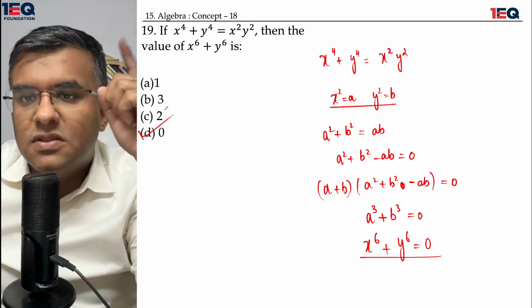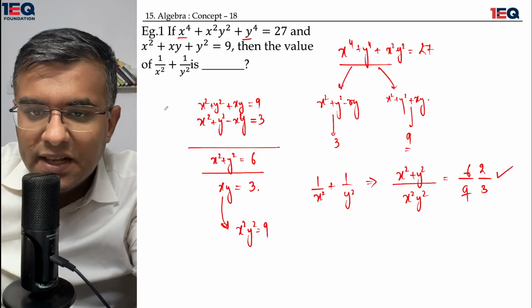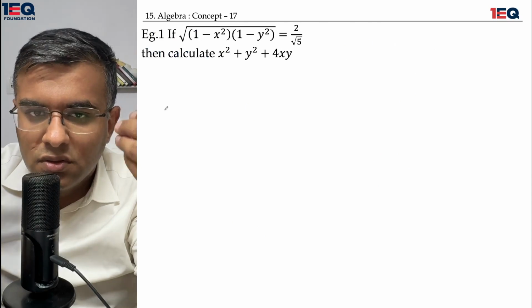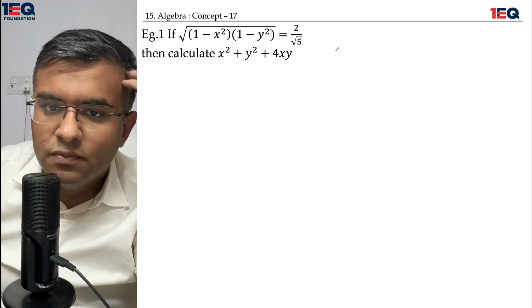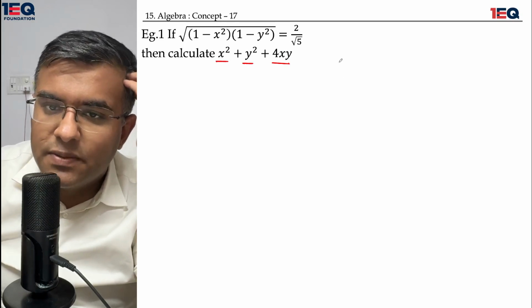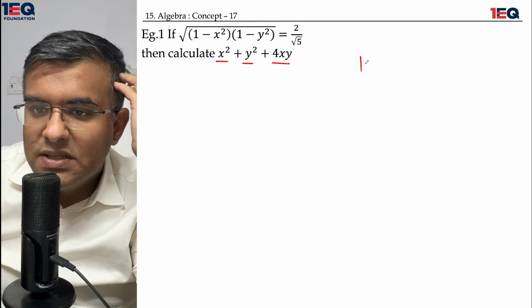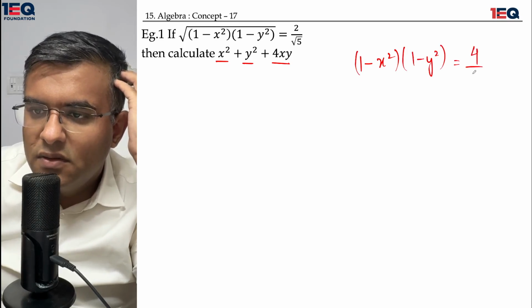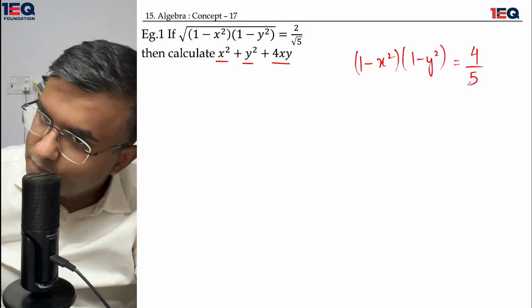Okay. There was one question which I deliberately left behind by telling you to solve it on your own. So this is the question we were talking about. Here we have to calculate for x square, y square and 4xy. Let me square it on both sides. This is 4 upon 5.